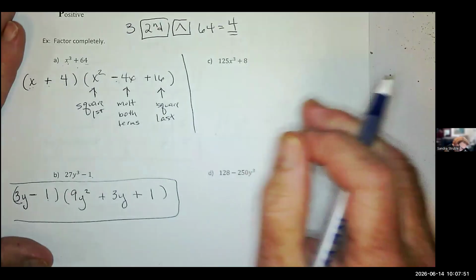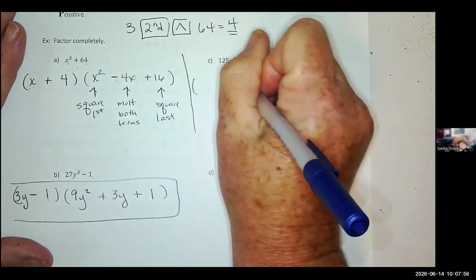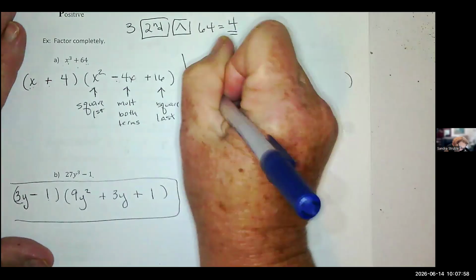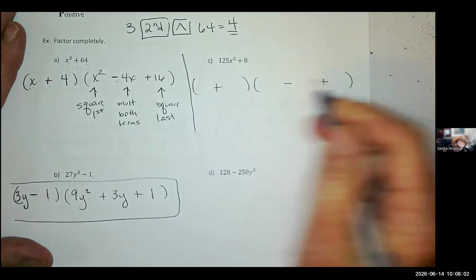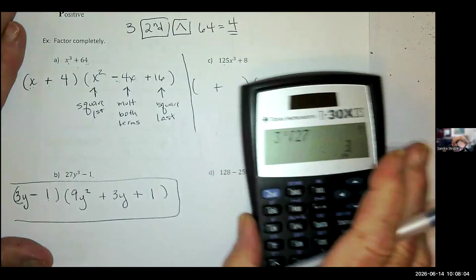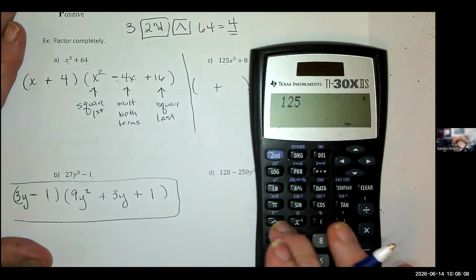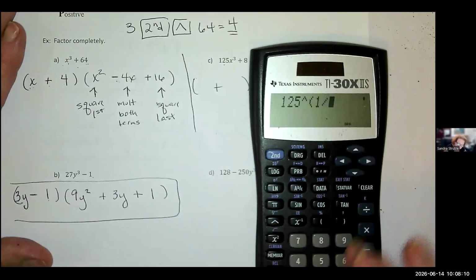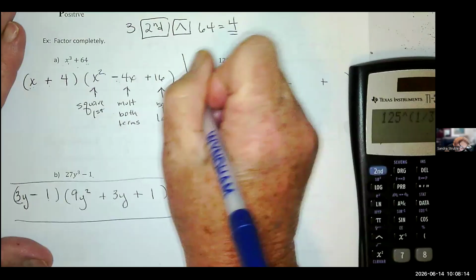They don't have anything in common. So binomial and trinomial, plus, minus, plus. The cube root, for this one, I'll do the 1/3 portion. So 125, caret, open, 1 divided by 3, close, equals. And this is 5. Don't forget your x. Cube root of x cubed is x.